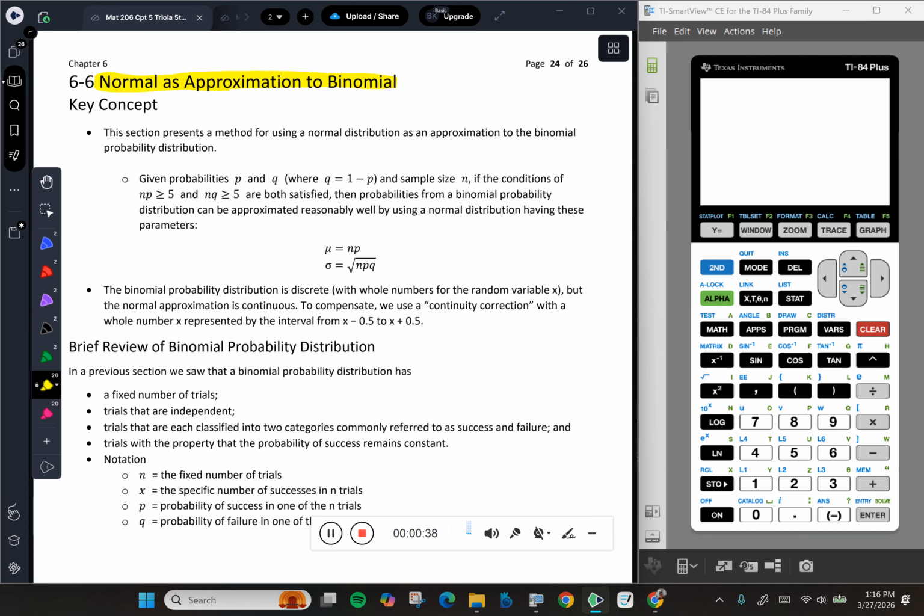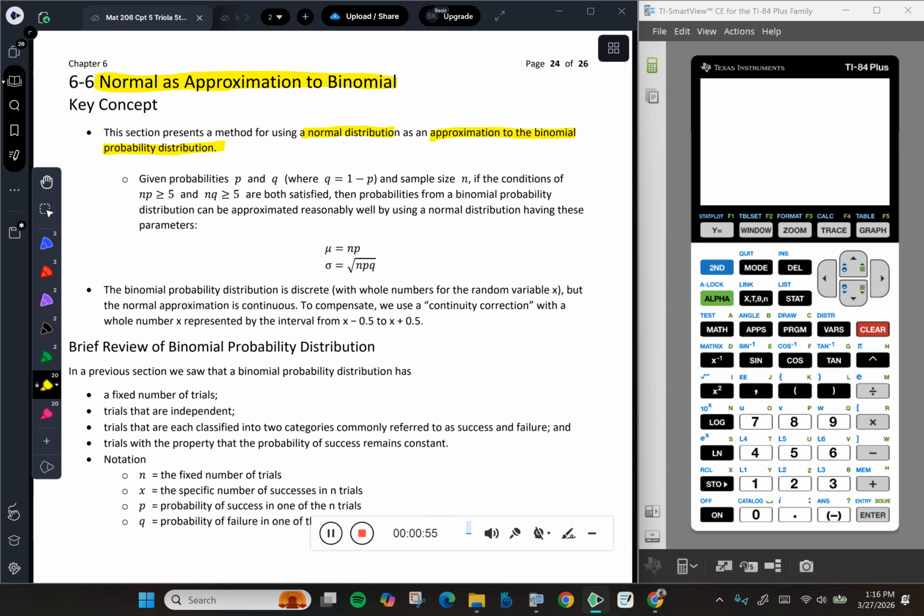So in this session, we're going to take a look at how the math of a normal distribution as an approximator to the binomial probability distribution plays out, and then we'll take a look at how that would work out for the idea of p-hats and p's.